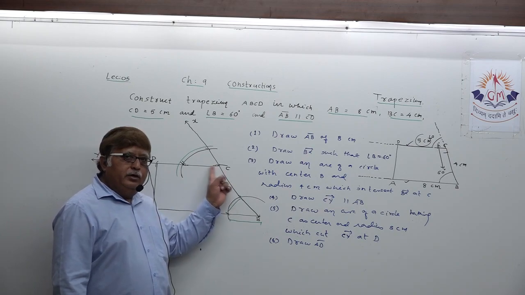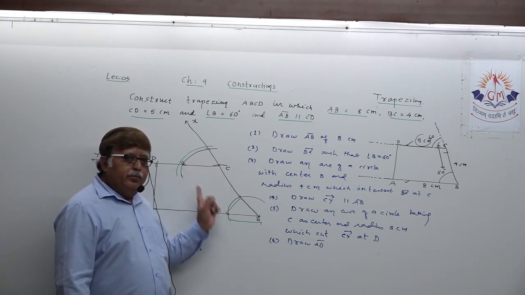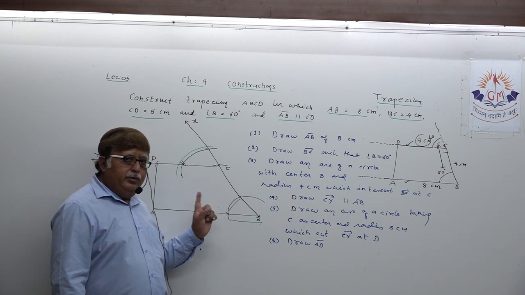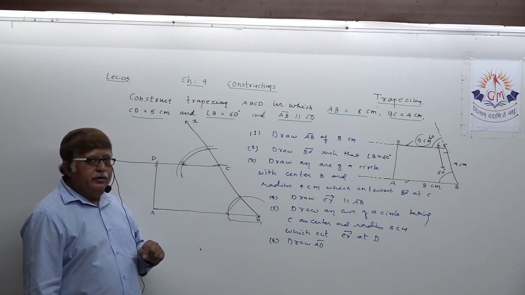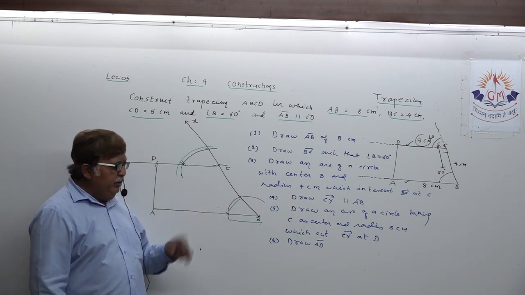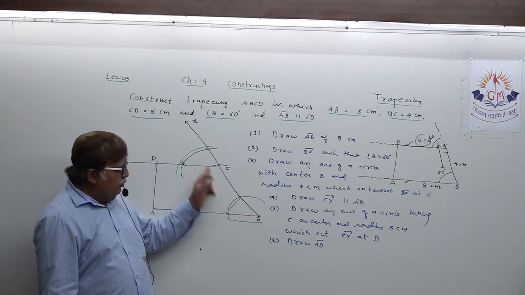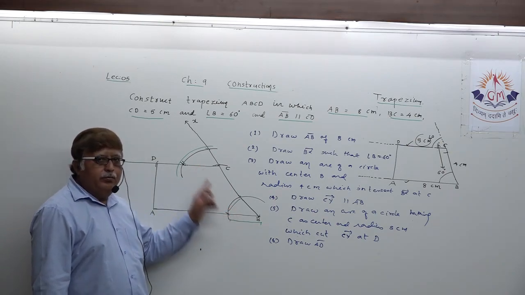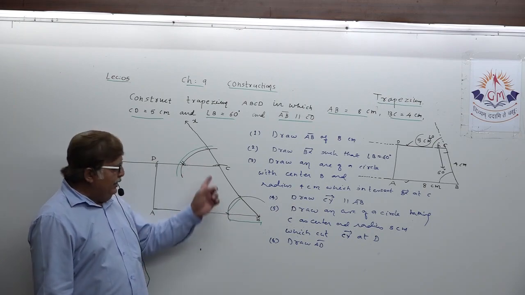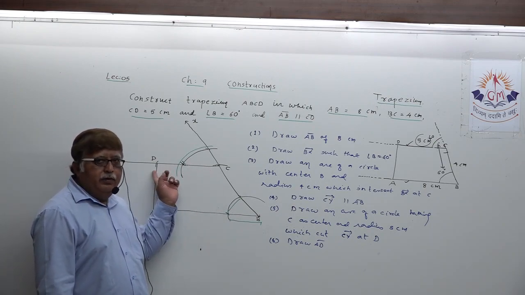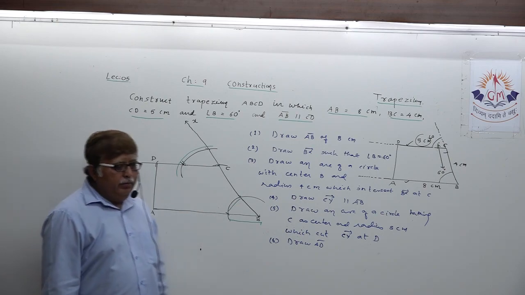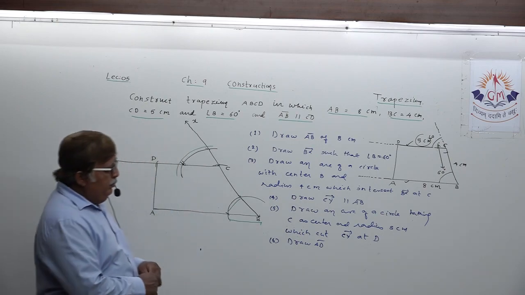You have to realize this ray is parallel to AB, and for that you have to be very careful that these two angles are congruent angles. Then and only then ray CY will be parallel to AB.